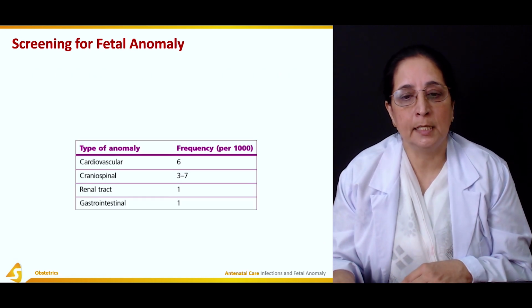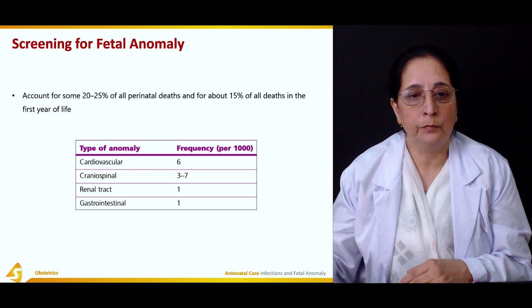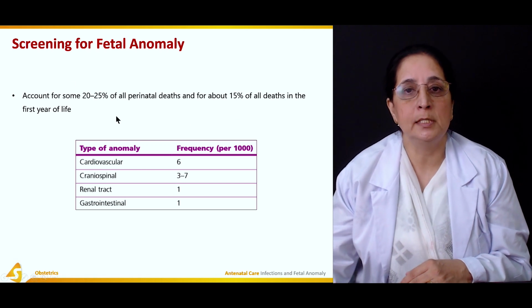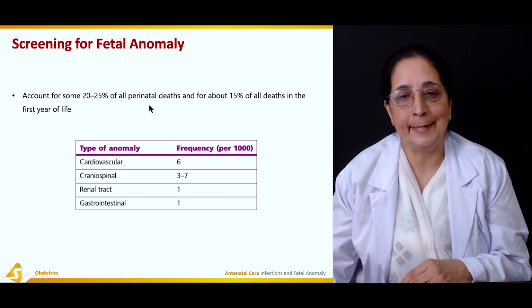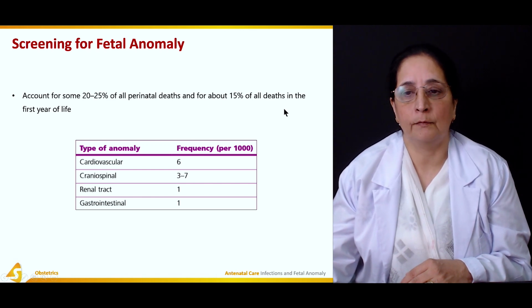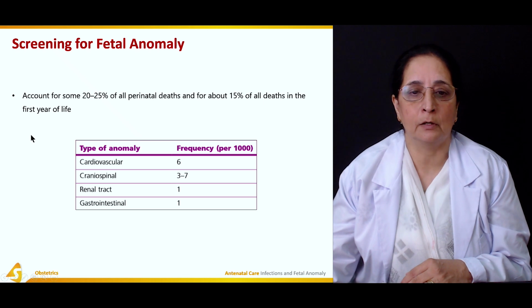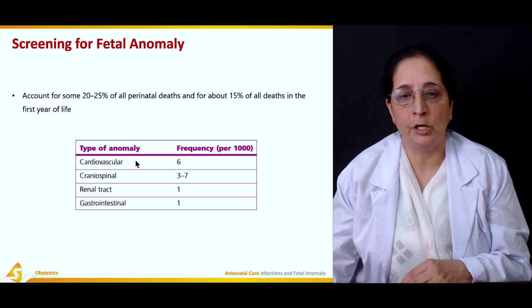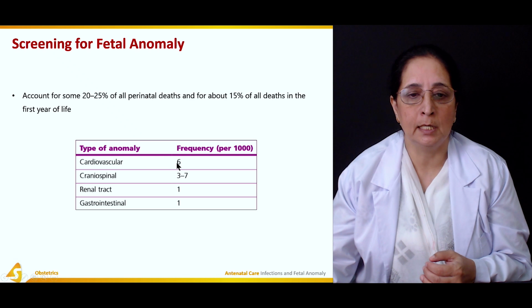Screening for fetal anomaly: anomalies account for some 20 to 25% of all perinatal deaths and for about 15% of all deaths in the first year of life. These are all the anomalies and their frequency.